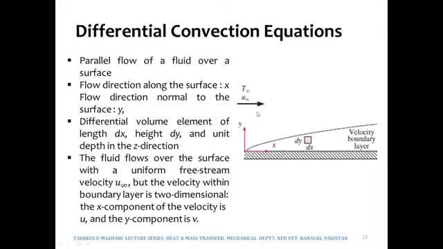The free stream velocity of the fluid is u infinity, and the free stream temperature of the fluid is T infinity. And this element has a unit depth in z direction.